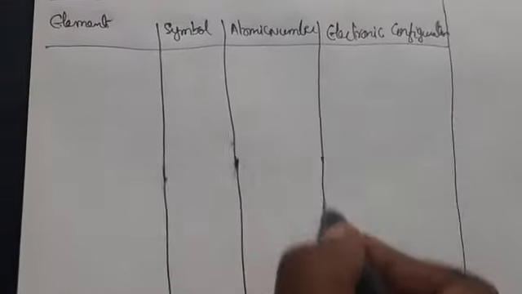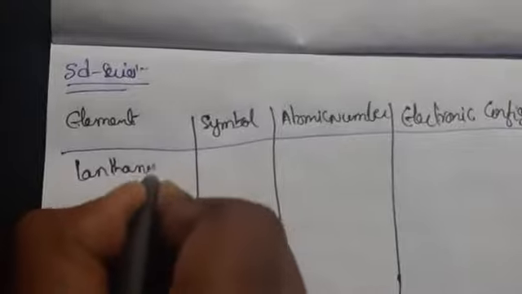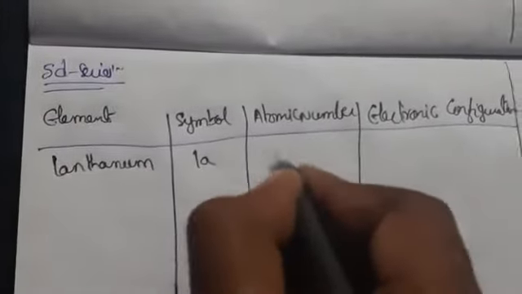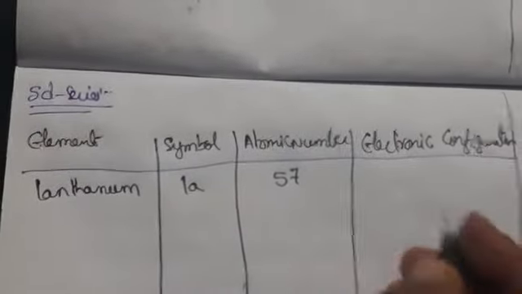Okay, now let us see the elements. First one, lanthanum. It is having symbol La, atomic number 57. The electronic configuration is here.